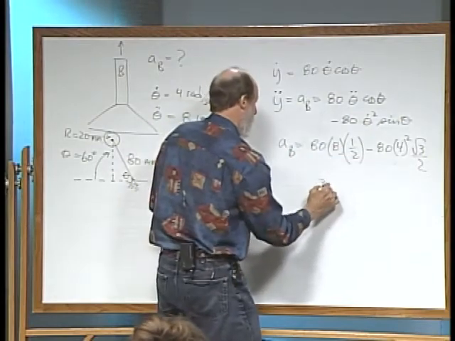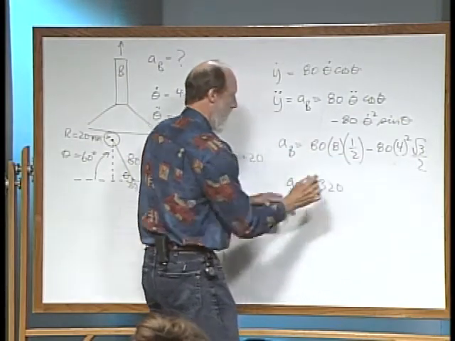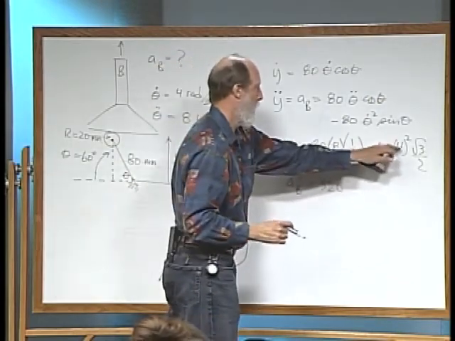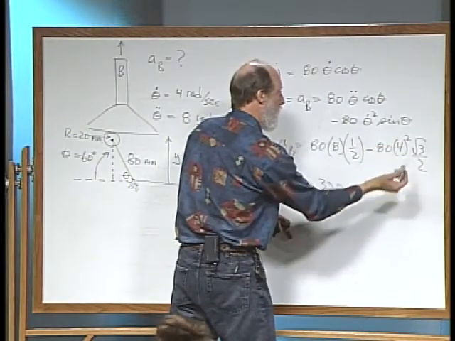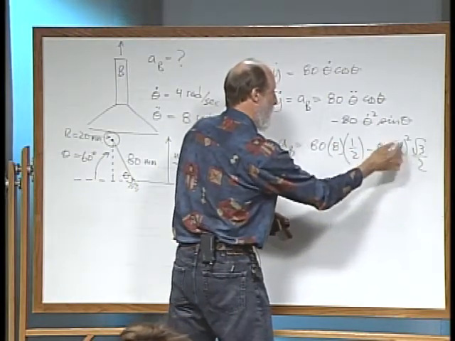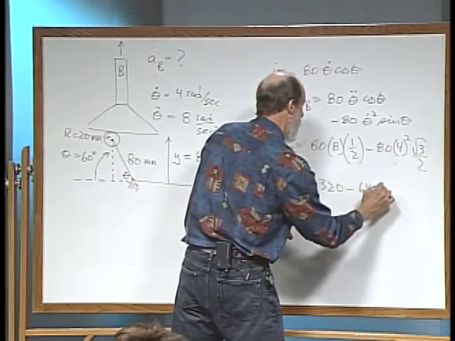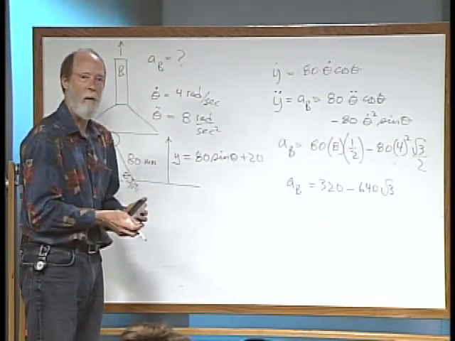This is 320, in millimeters per second squared now. And then over on this side we have 64, that's 640 square root of 3. That means it's actually accelerating down.